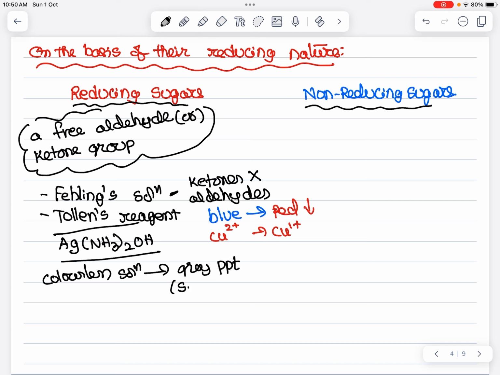It is called silver mirror. But for ketones, there is no change in color observed. Only for aldehydes. For ketones, the color change will not be observed.